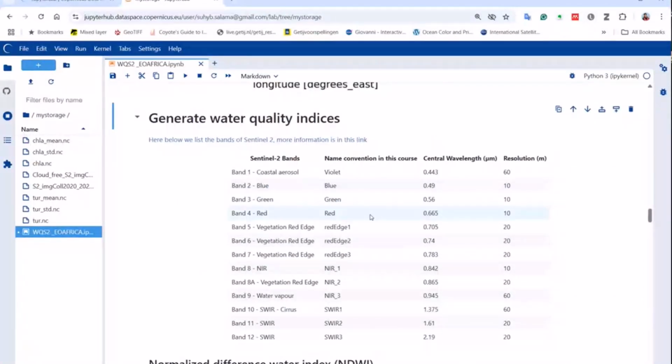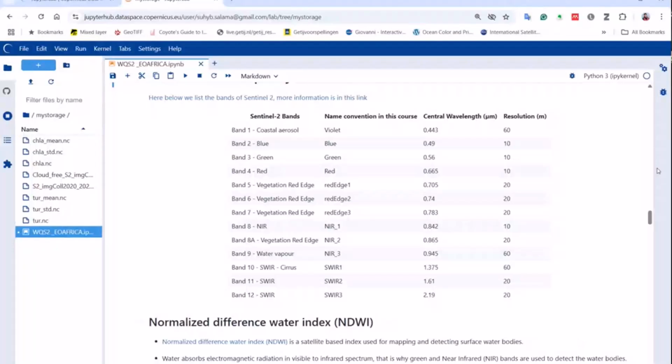Now we would like to generate those water indices, you remember? And these are the bands of Sentinel-2. I put them here to remind me that these bands have a different central wavelength, so they bring different information, and ESA has provided us with a kind of semantics to understand what kind of observations.